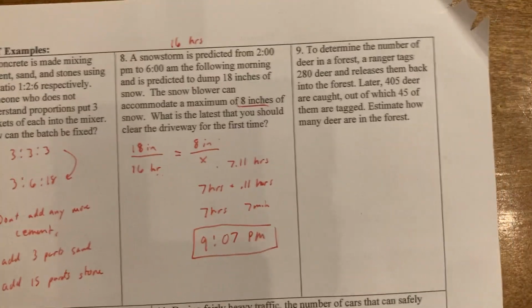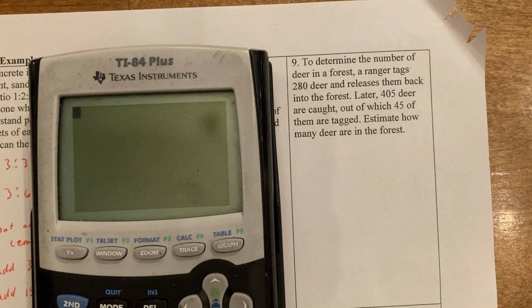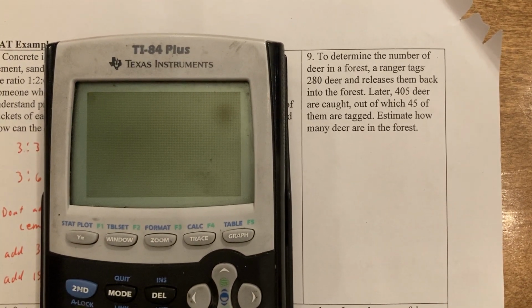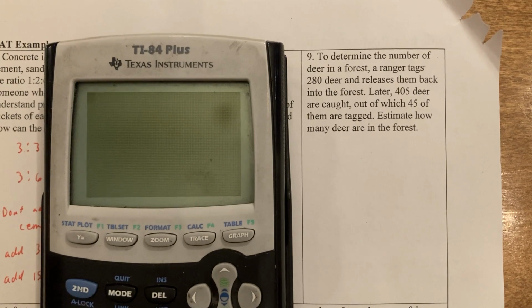Okay. This question, number 9. This will be on your test, so pay attention. Have you ever wondered how zoo people or animal activists say there's only 10,000 lions that exist in the wild anymore, or there's 5,000 elephants remaining in the world? How do they figure that out?